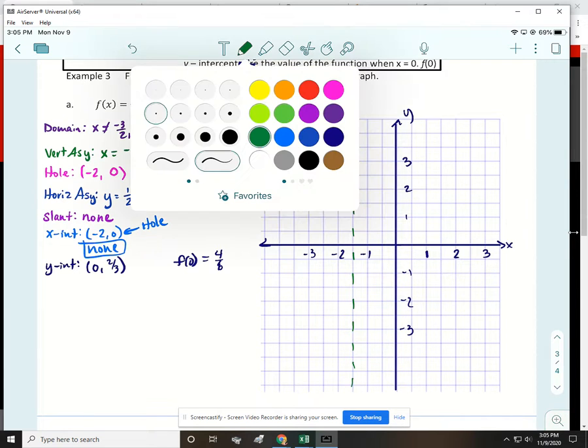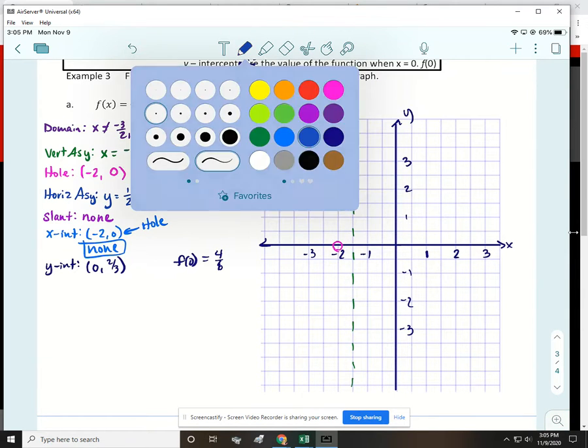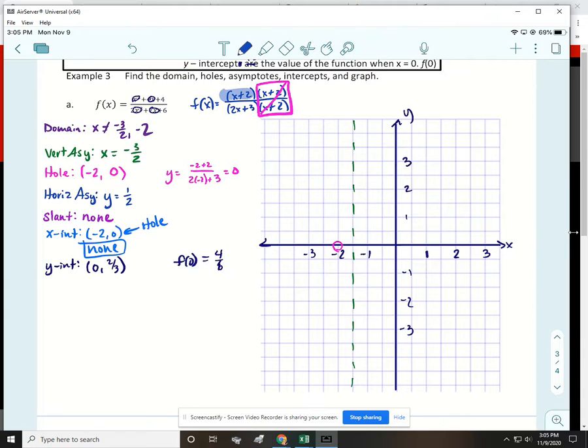All right, and then I have a hole in the graph at the point -2, 0. Okay, and I have a horizontal asymptote when y is equal to 1/2, which would be right here. So remember, asymptotes are dashed lines in your graph.